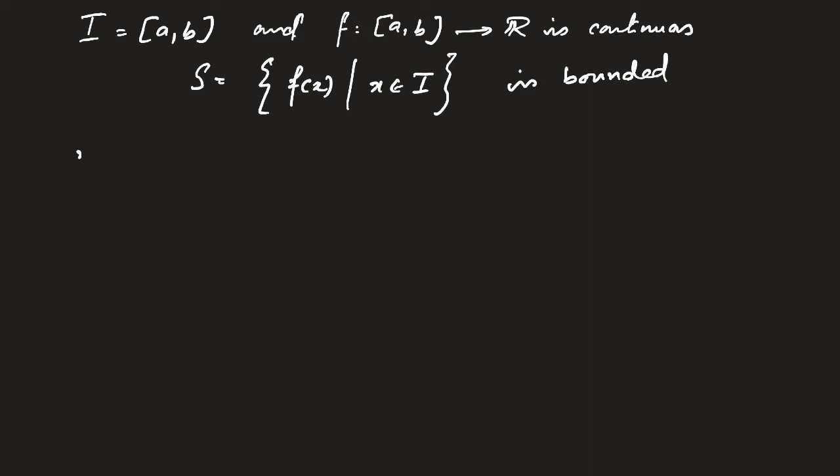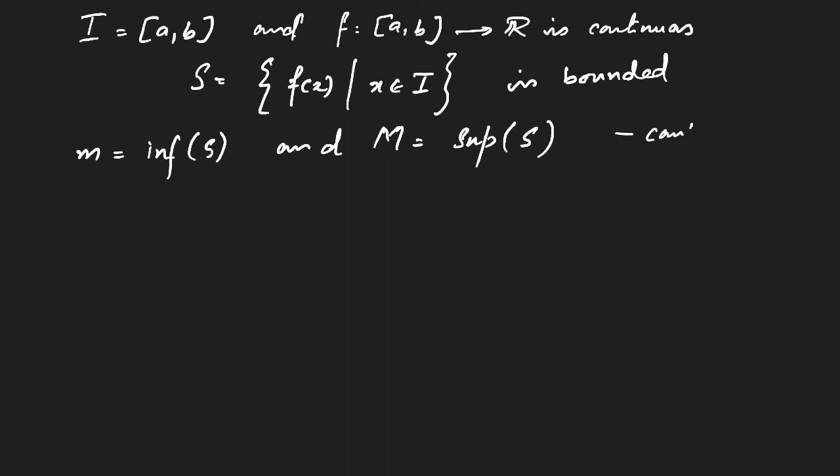Because of this, small m equal to the infimum of S and capital M equal to the supremum of S exist. Why? By the completeness property. The completeness property tells us that these two will exist.